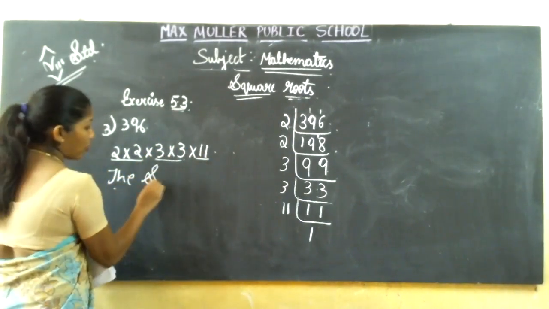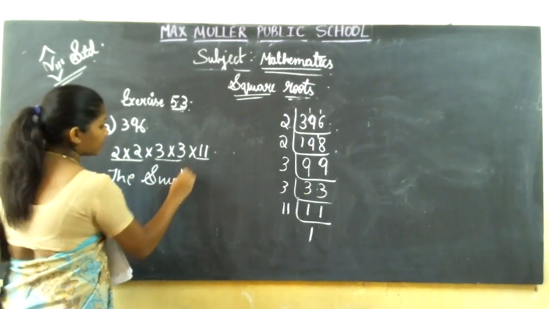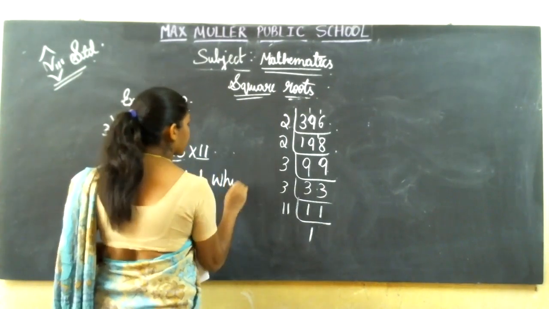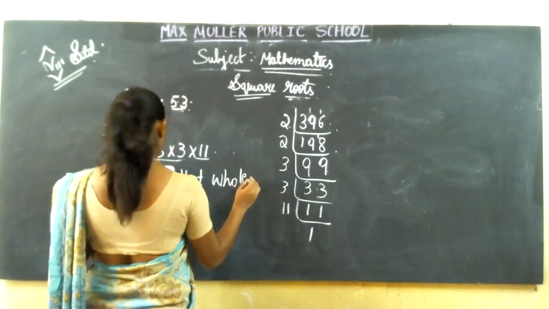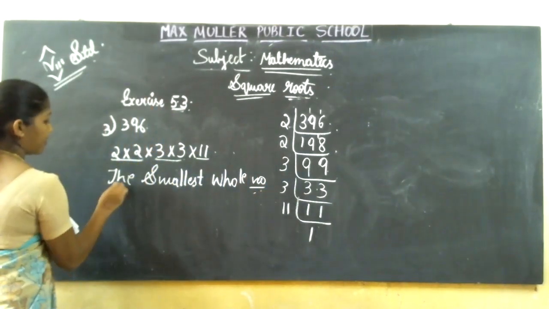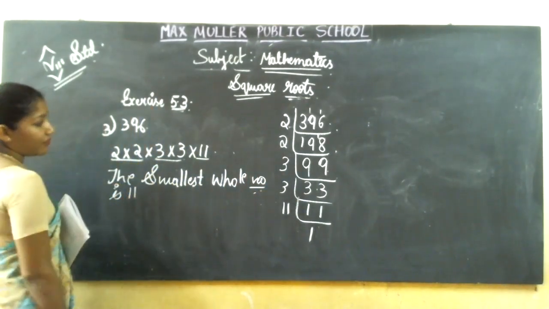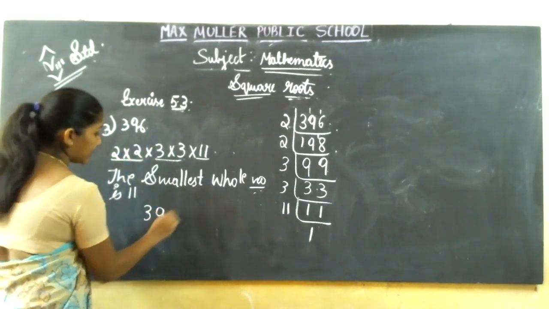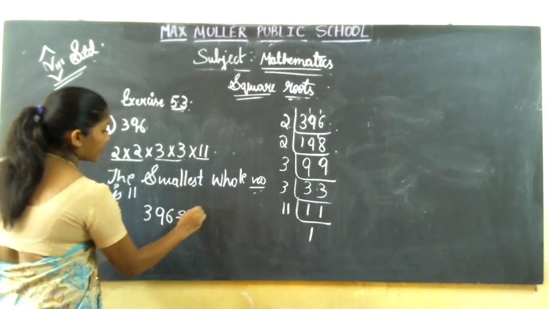So the smallest whole number is what? 11. You have to divide 396 by 11.